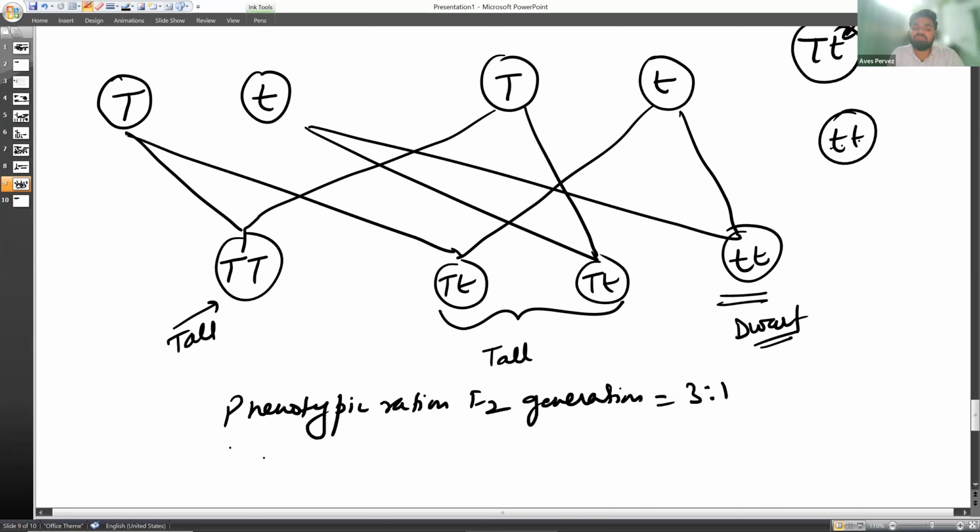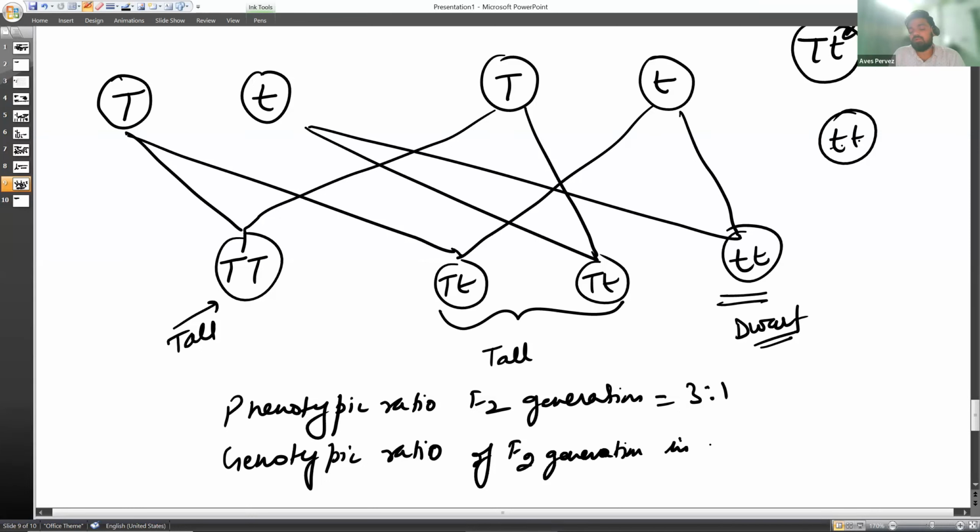But if I talk about the genotypic ratio of Mendel's monohybrid cross of the F2 generation, we have the ratio 1 is to 2 is to 1.